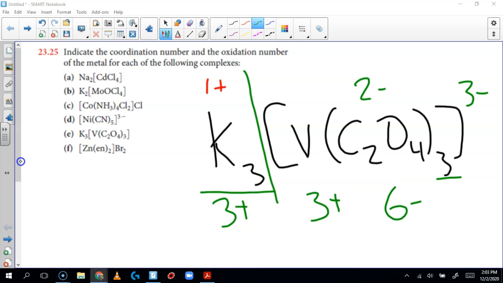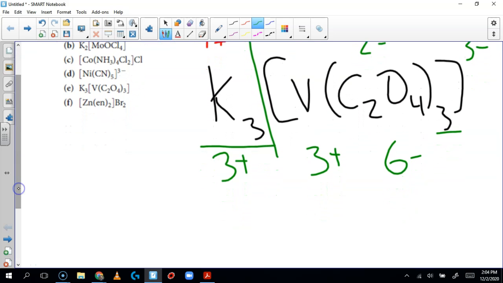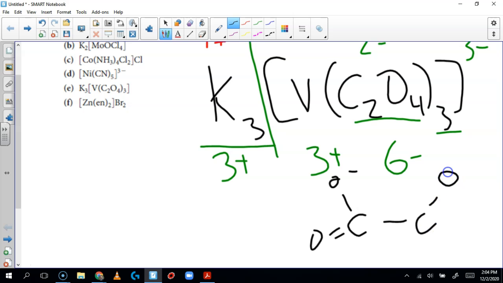Now, in terms of the coordination number, this is the first one in this problem where we have this, but oxalato, or the oxalate ion, this thing looks like this. Okay, so this is where the negative charge is. There's a carbon, and then there's a negative charge. So this thing is what we call bidentate.